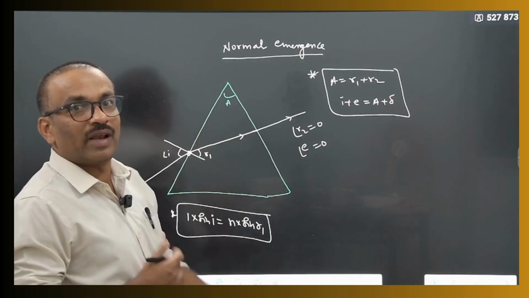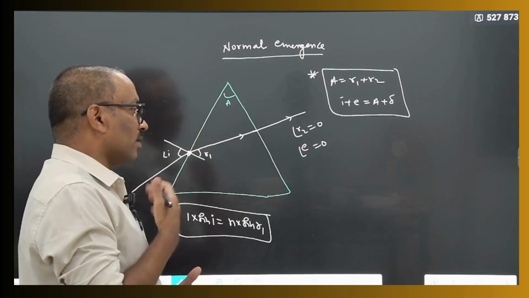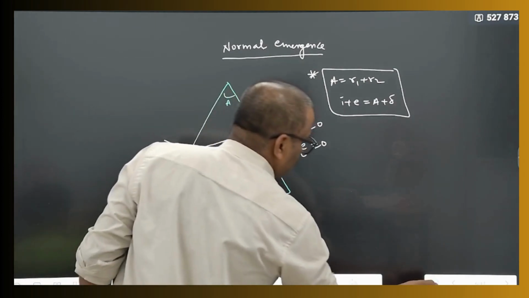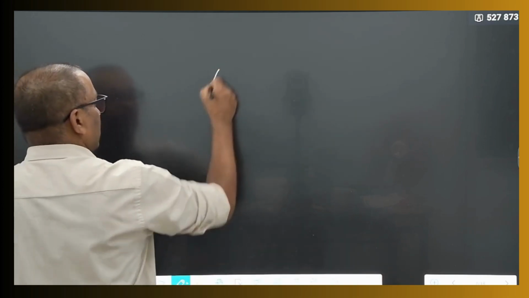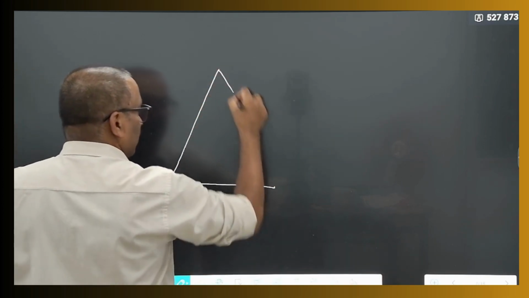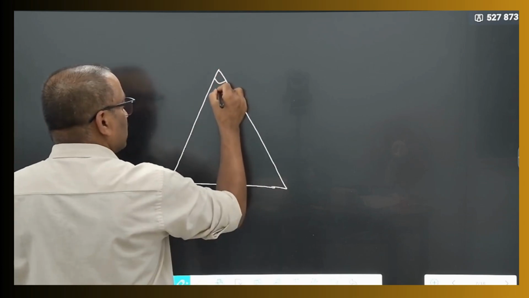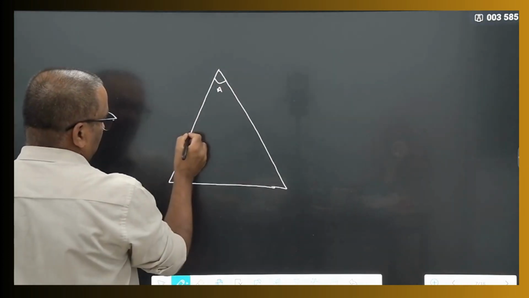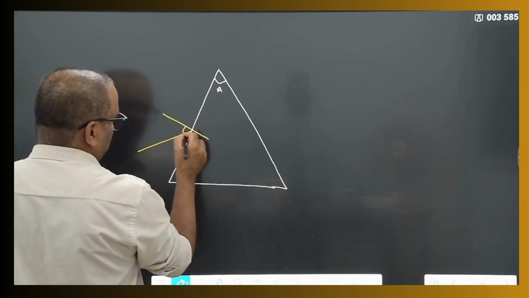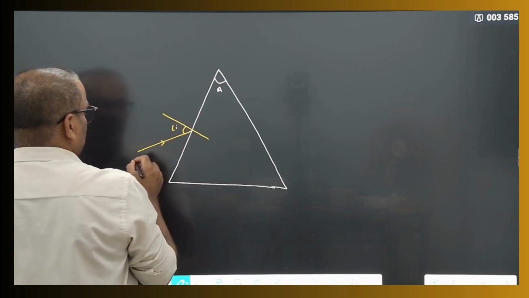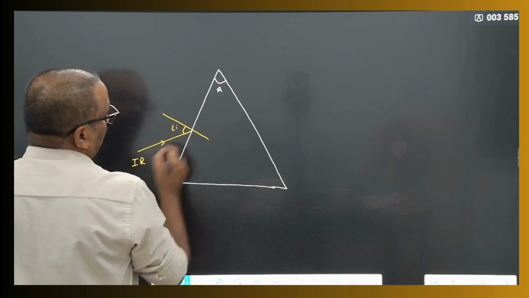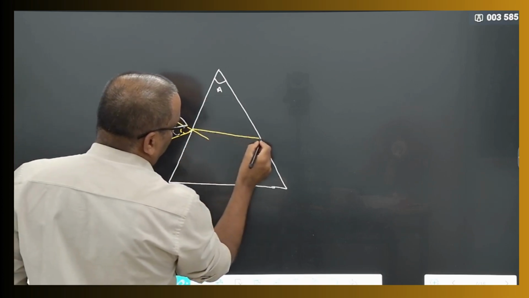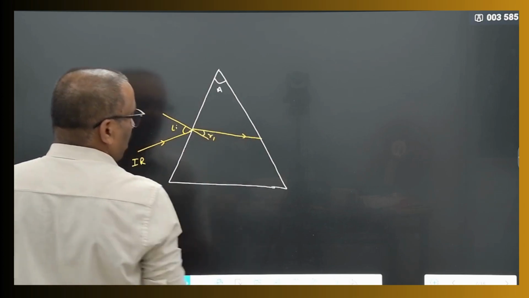Sometimes they will ask you that total internal reflection should take place. So this is your prism, this is your angle of prism. This is your incident ray and this is your angle of incidence. Now the light ray goes and falls onto this surface. This is your R1.